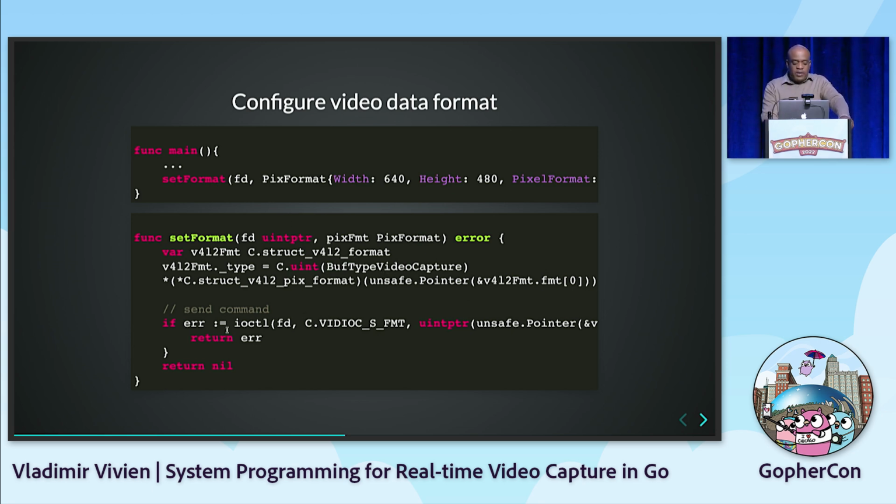And once we do that, we call the ioctl function we saw defined earlier. And we specify a request, which in this case is VIDIOC_S_FMT. This is a V4L2 request. And then we pass it a pointer to this value that we declared earlier. If everything goes well, you won't get an error. If something happened, you'll get an error and you have to figure out what happened.